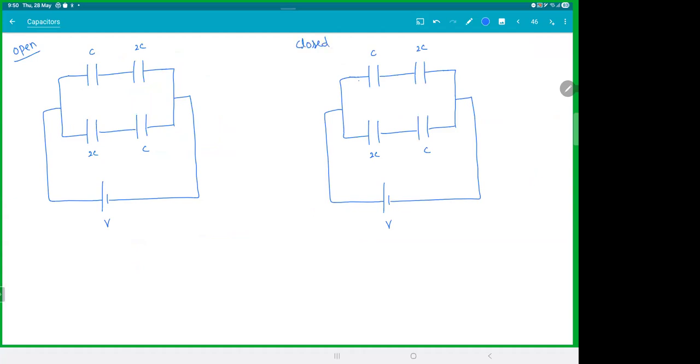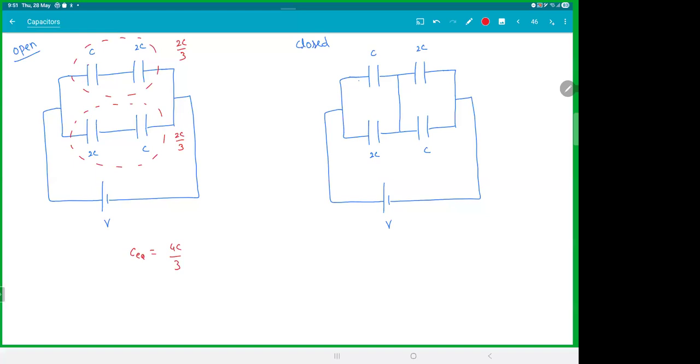This is closed. So this is easy to see. These two are in series, right? How much is this? C and 2C, so that would be 2C into C by 2C plus C, which is 2C by 3. These two are in series, 2C by 3. So we get C equivalent is equal to 4C by 3. These two are in parallel. You can add it up.